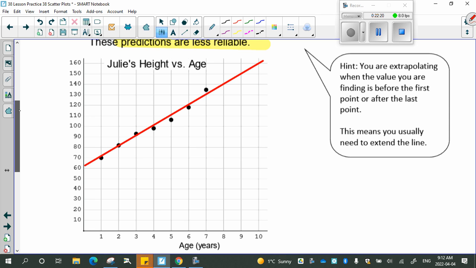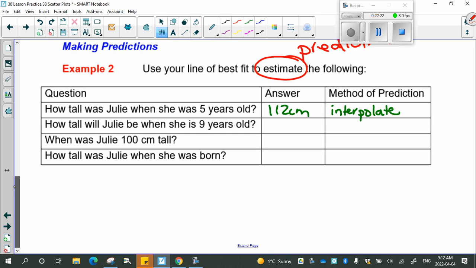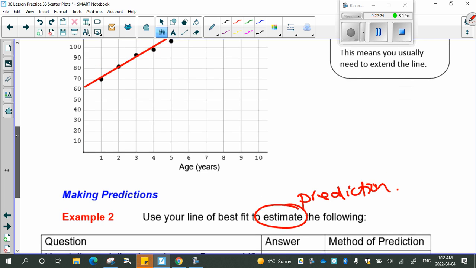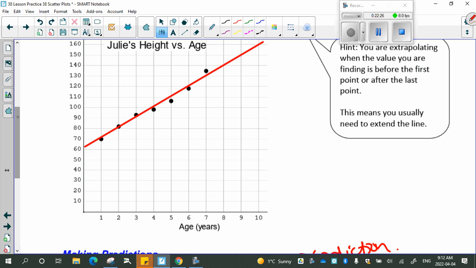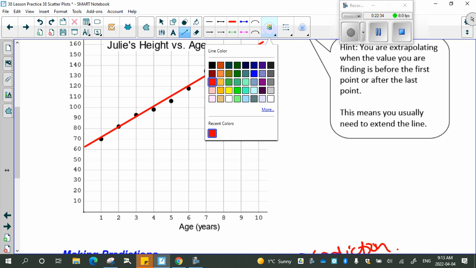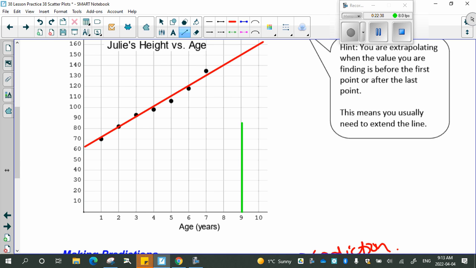Okay? All right, so again, how tall will Julie be when she is 9 years old? Now notice 9 is outside of the data, so this one's going to be less accurate. So I'm going to draw in my line at 9 years old. Up to the graph. Oh, it's right on the corner for me.